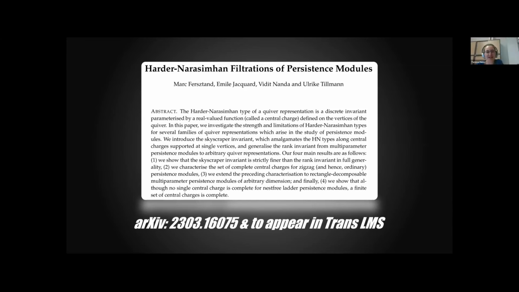And I saw that while we were talking, there was a comment by Ezra Miller saying, as long as the poset is finite. So I guess everything that you said only works for finite posets? Yes, but Mark has a paper out, a subsequent paper with the same title but with stability in it, that just went up a month ago, where he establishes that the Harder-Narasimhan invariant under certain reasonable conditions is stable if you look at tame modules on the line.